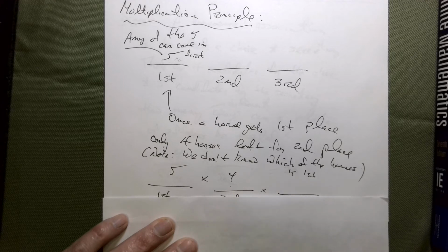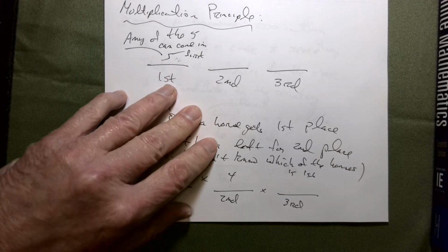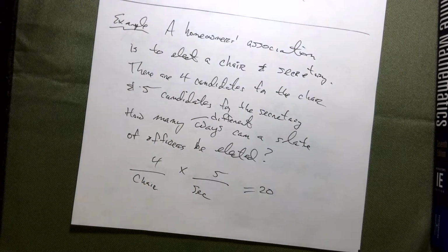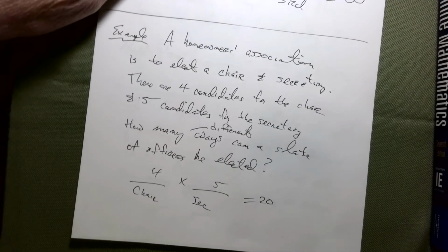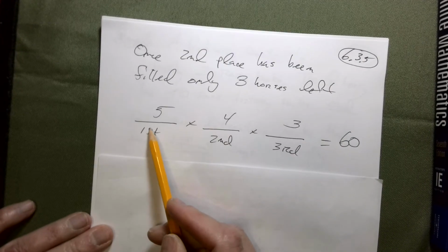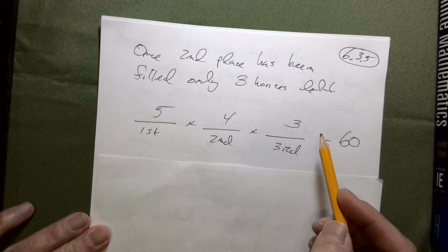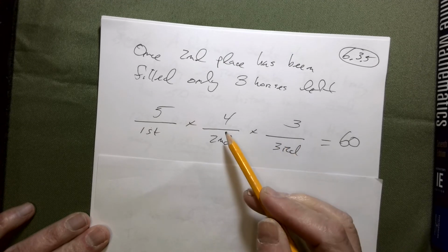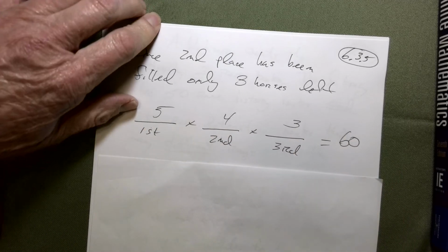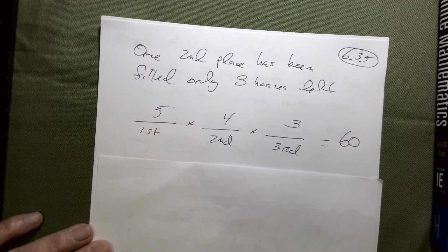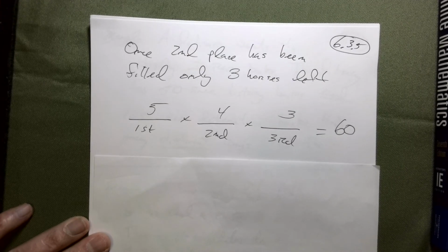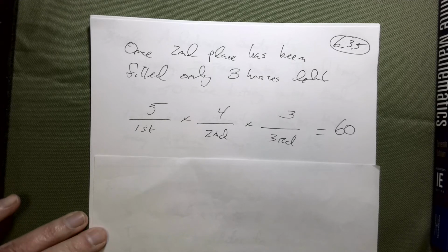Then I pick one out of there, and that means you now only have 3 horses left. So that means you had 5 that can come in first, 4 that come in second, 3 that come in third. You multiply it. 20 times 3 is 60. So that means if you have no idea which horse is going to come in, no insider information, nothing like that, you have a 1 out of 60 chance of picking the correct horses.